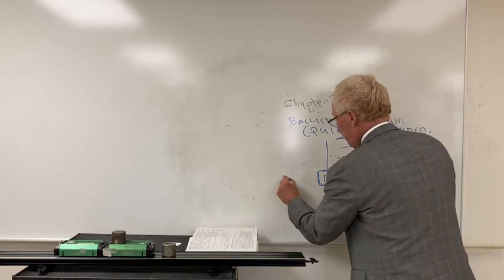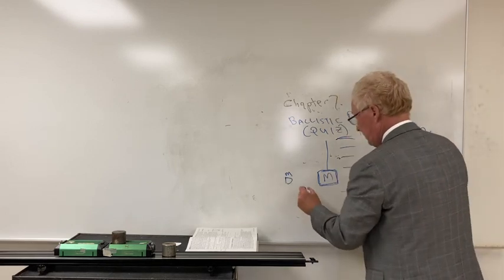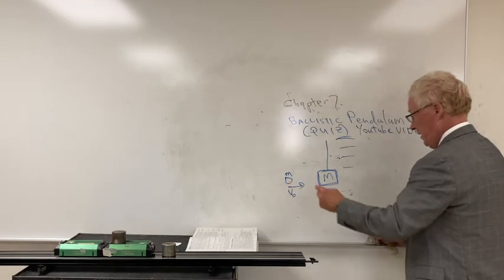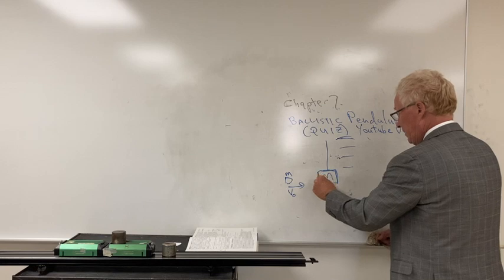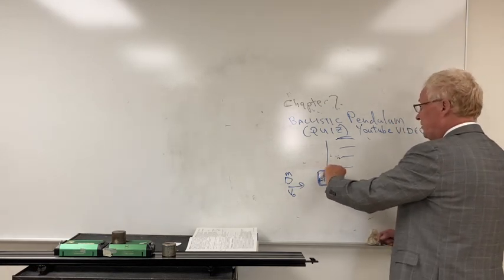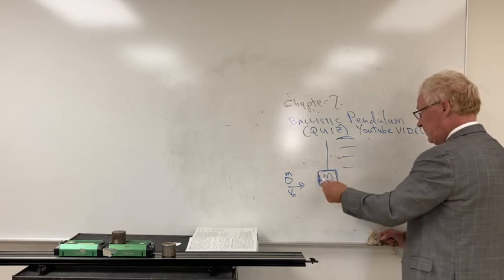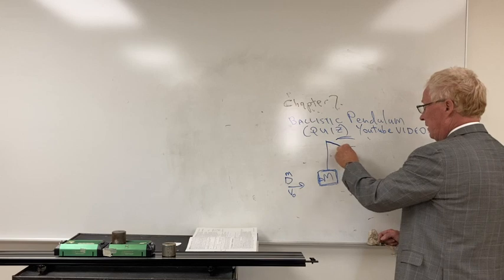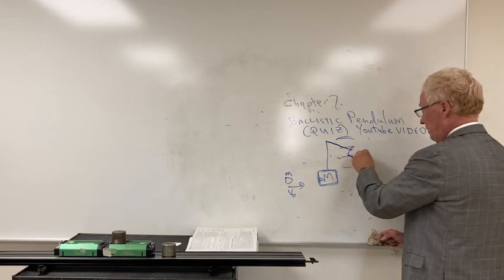You have a light bullet, which has some mass m, moving at some speed v naught. It then hits the mass, and because it has momentum, they stick together as an inelastic collision, and will cause the whole thing to rise up a height.